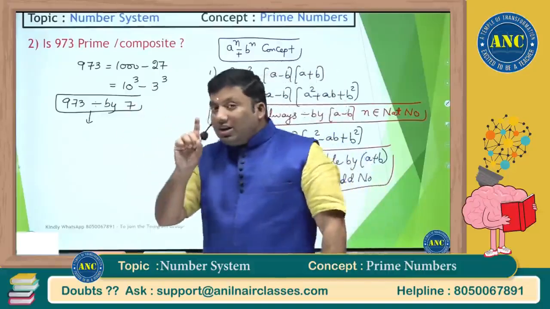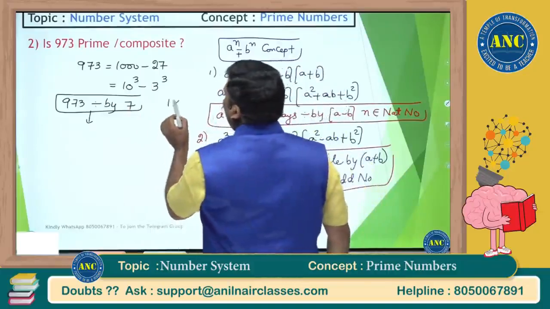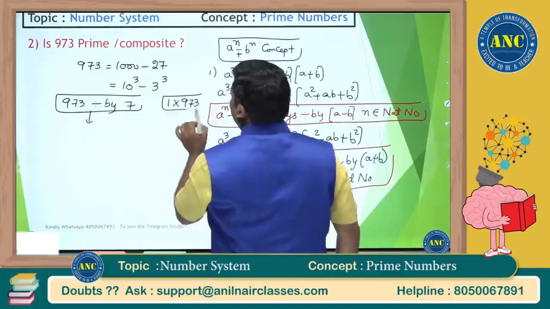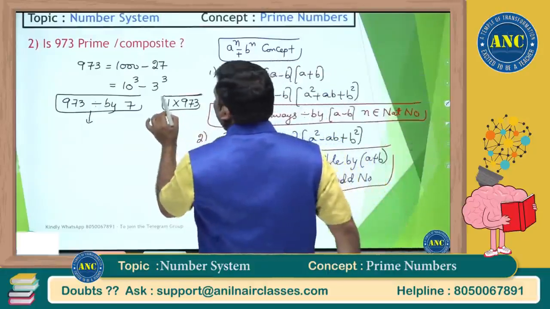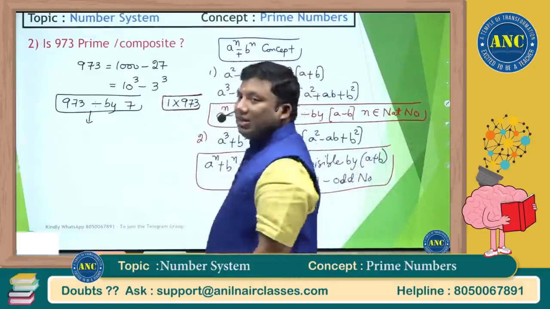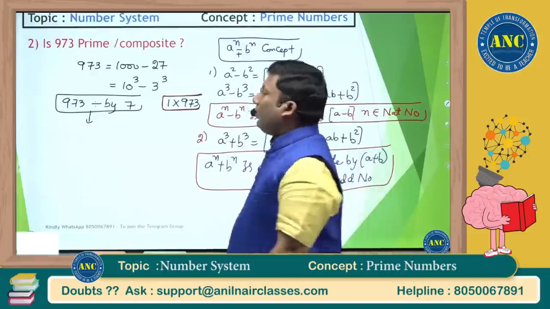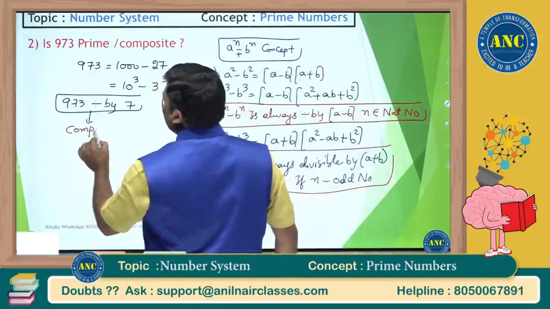If 973 were a prime number, it should have only two factors, 1 and 973. Anything beyond 1 and 973, and the number becomes composite.